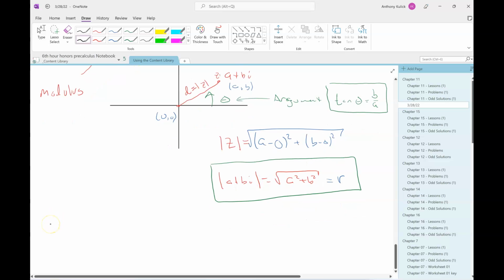So this creates another way to describe a complex number. We call this the trigonometric form.